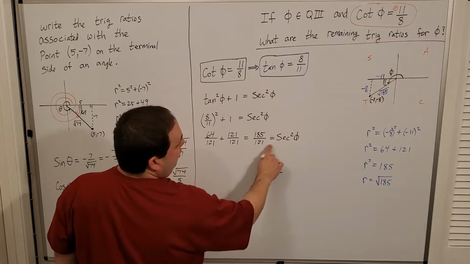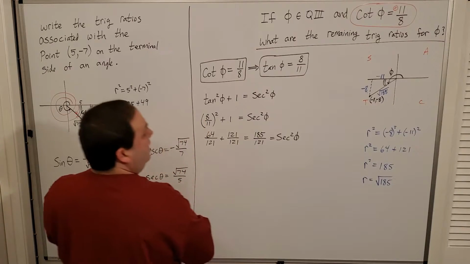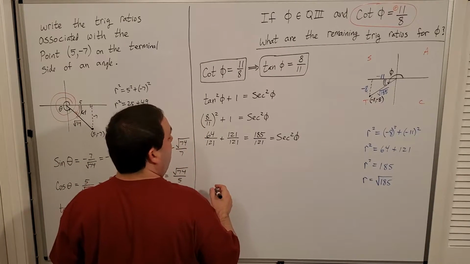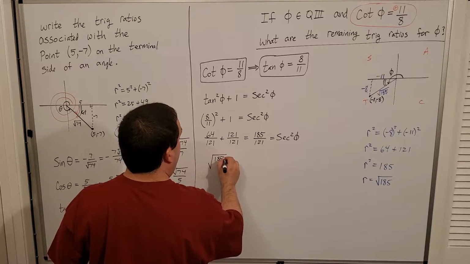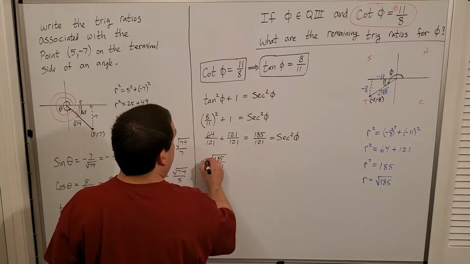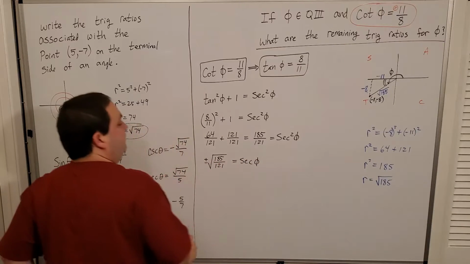So here, if I square root both sides, then I've got the square root of 185 over 121, plus or minus, is equal to secant of phi.